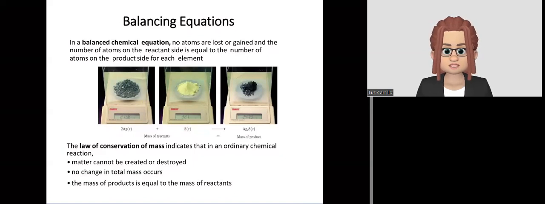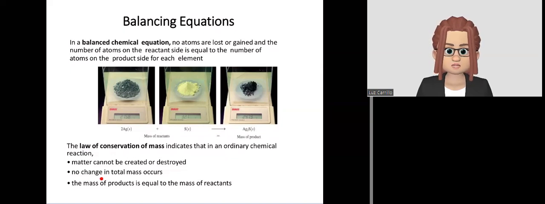And that is true because when a chemical reaction happens, the law of conservation of mass needs to be respected. This law indicates that in an ordinary chemical reaction, matter cannot be created or destroyed, meaning matter cannot come from thin air and be destroyed into thin air.